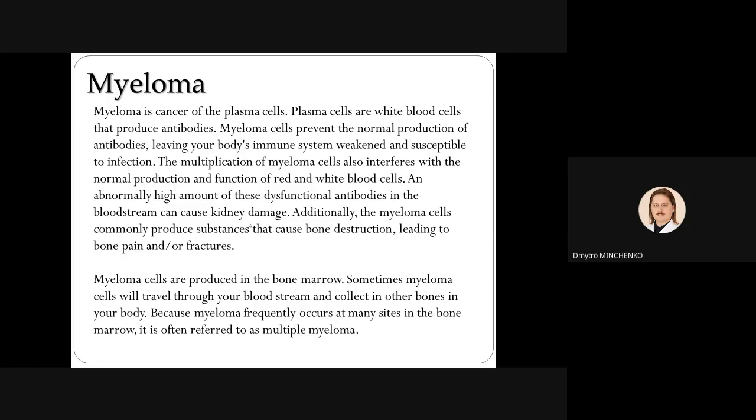Additionally, the myeloma cells commonly produce substances that cause bone destruction, leading to bone pain and fractures, spontaneous fractures. Myeloma cells are produced in the bone marrow. Sometimes myeloma cells will travel through the bloodstream and collect in other bones in your body. Because myeloma frequently occurs at many sites in the bone marrow, it is often referred to as multiple myeloma.